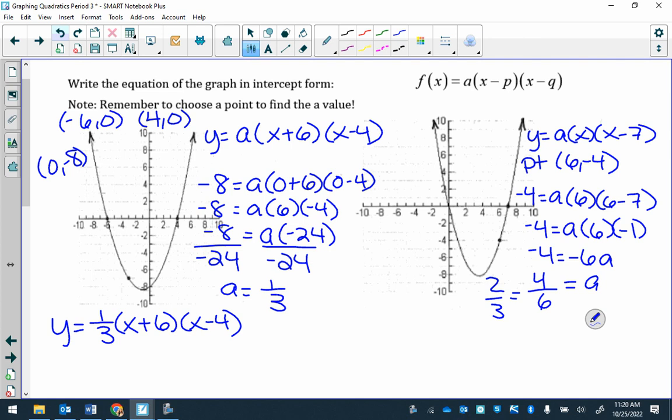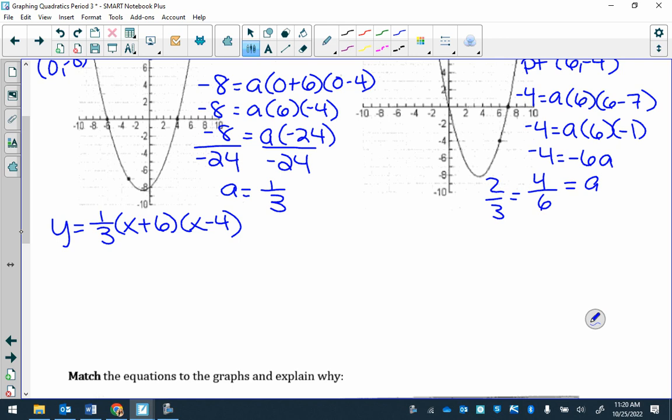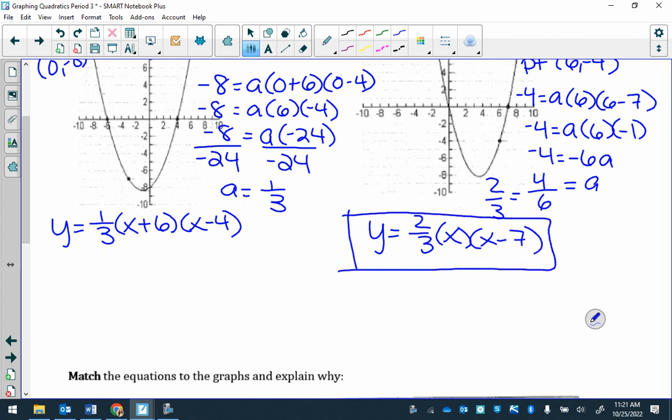Okay. Did you guys get 2/3? Okay, 2/3 for your A value. So we have y equals 2/3 times x minus 7 as our equation.